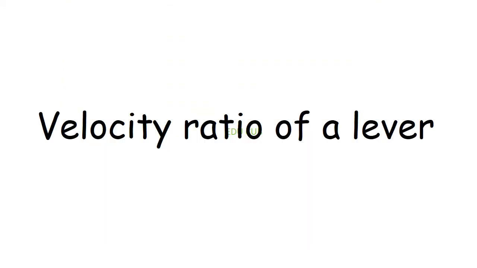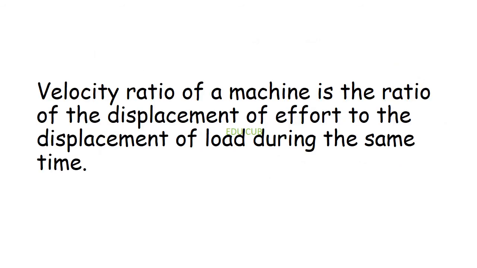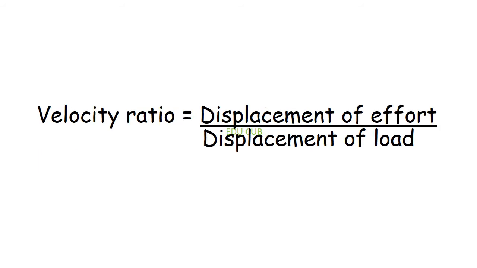Velocity ratio of a lever. Here, effort is applied on a point B of this lever. Let's say point B travels to point X, which is the displacement of the effort. Meanwhile the load is lifted from A to Y, therefore AY is the displacement of the load. Velocity ratio of a machine is the ratio of the displacement of effort to the displacement of load during the same time.